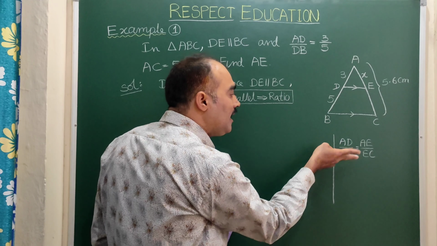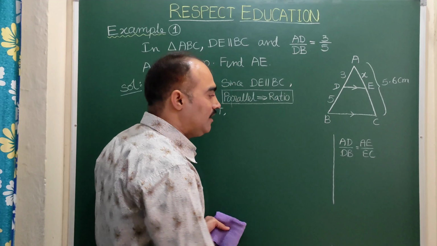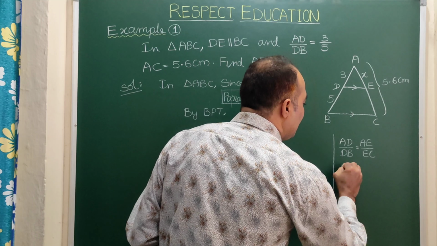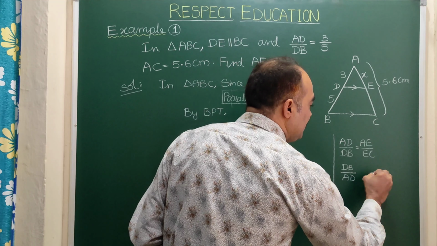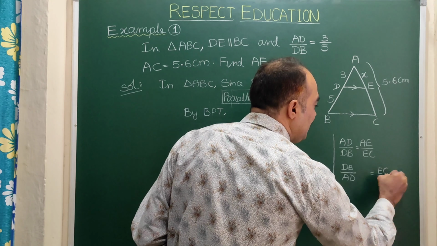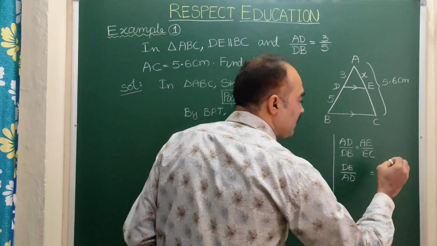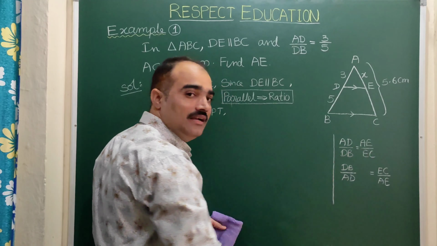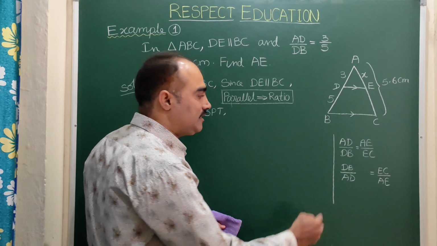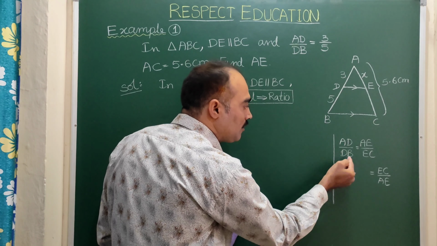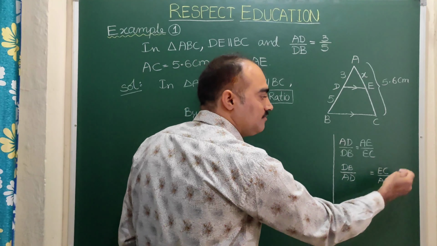Let us do here reciprocal. Then what happens here? DB by AD is equal to EC by AE. When we reciprocal both the sides, then automatically these fractions will be reversed. Means numerator becomes denominator, denominator becomes numerator, both the sides.